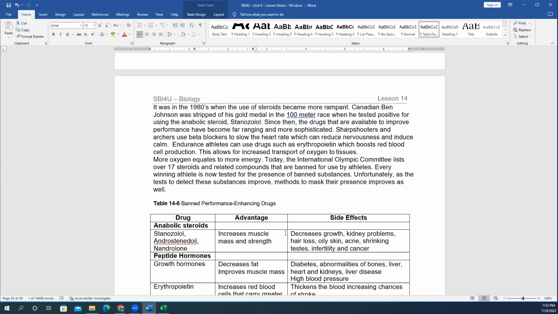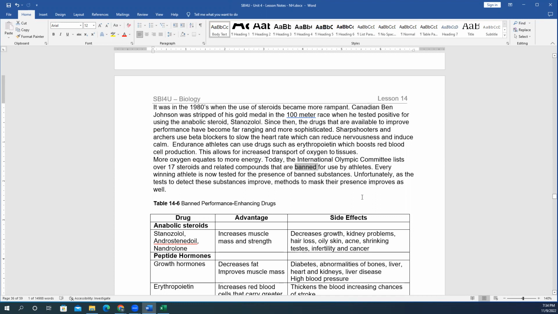Today, the International Olympic Committee lists over, and I'm sure this number is probably greater now if I were to check, a great number of steroids and their related compounds that are banned for use by athletes. And every winning athlete now gets tested for the presence of these banned substances in their blood and urine.